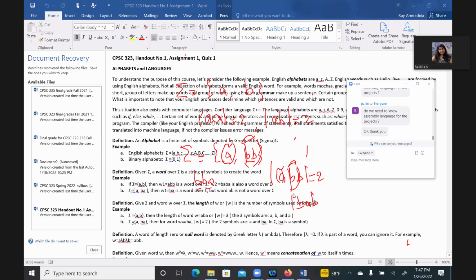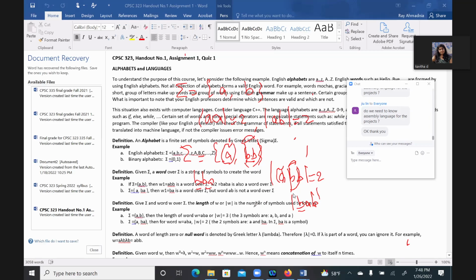I have 1B, I don't have it here. I have 1A here. So this word is not formed by this alphabet. So we have to take the valid ones. The length of a valid word is the number of symbols you have used to create it.